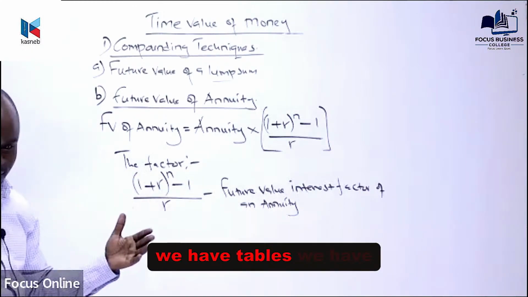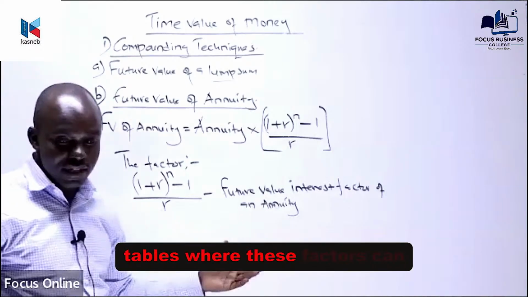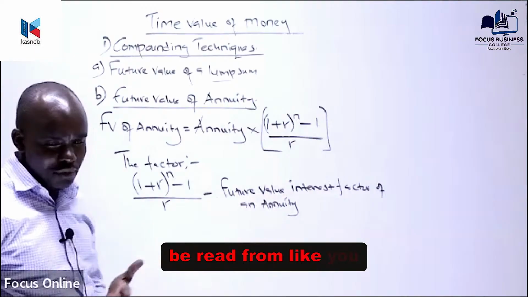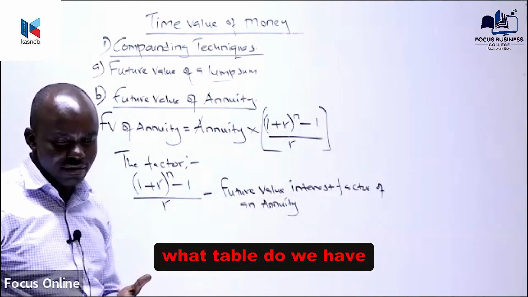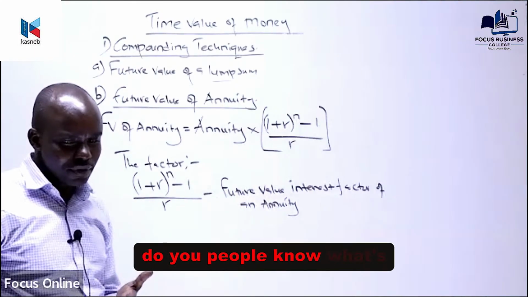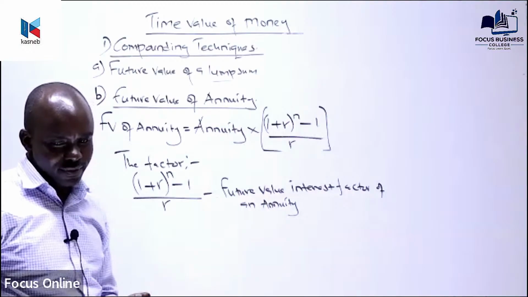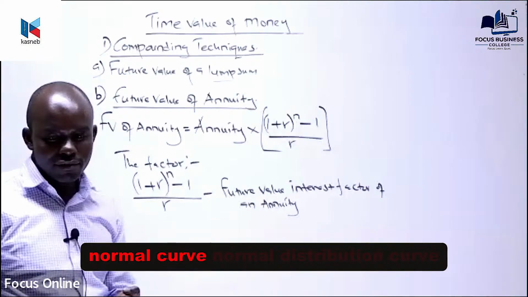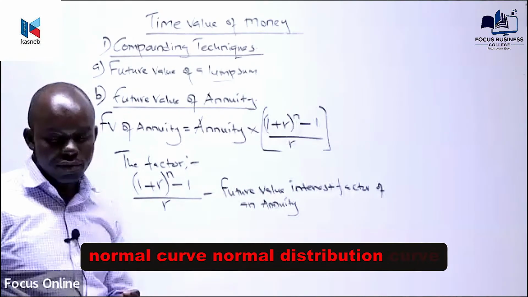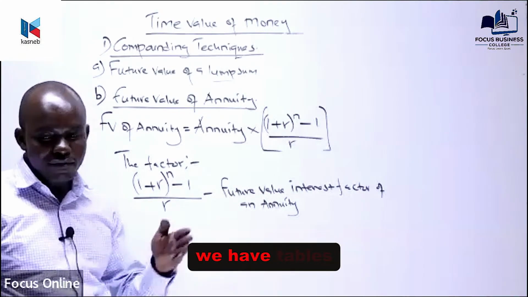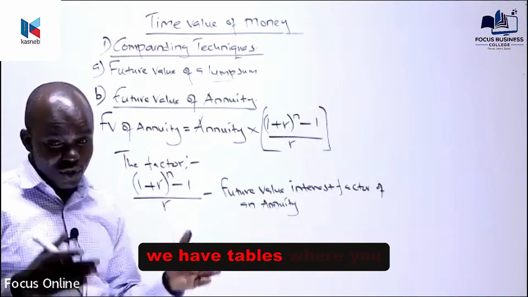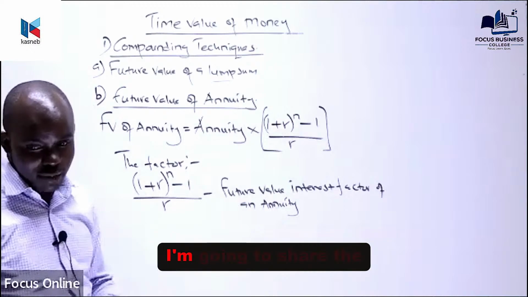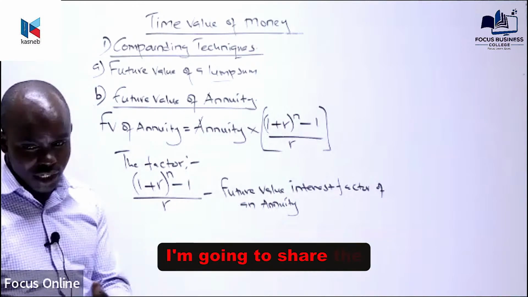Now, we have tables where these factors can be read from. Like you remember, what table do we have? We have a math table. Do you know what a math table is? Or maybe the normal distribution curve table. When we go to discounting, I'm going to share the tables so that we can see.